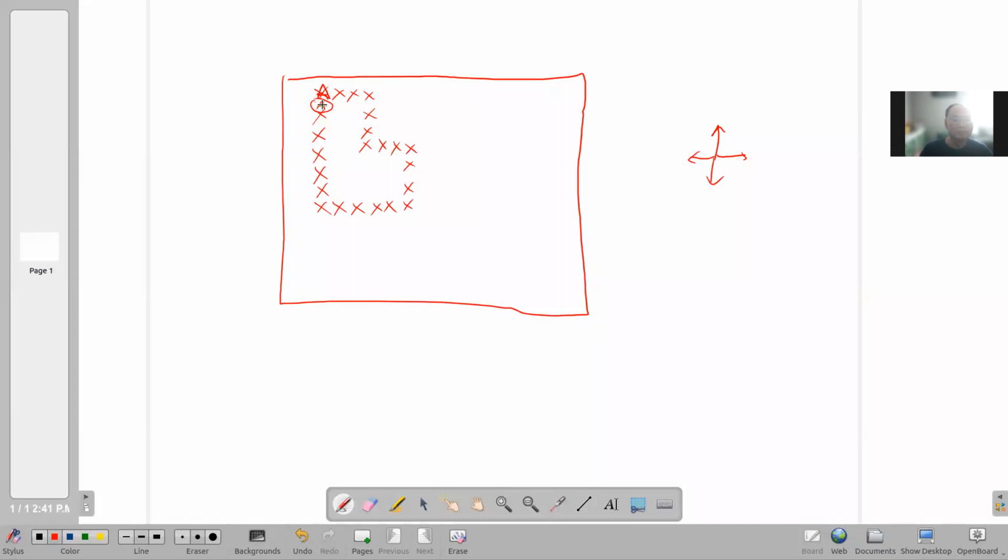Now that you've changed these two to an A, when you look for neighbors again, there's only one X here because the other one has already been changed, and you just follow along, and eventually you change all of these to A. When you don't see any more X's around you, then you know you have identified this whole region.